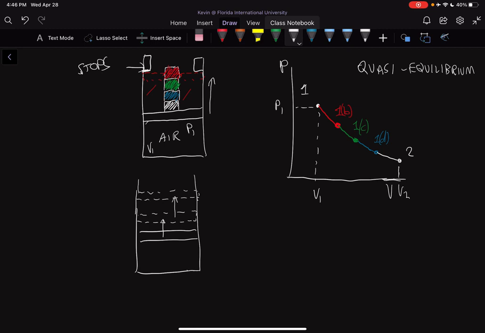Now, a non-equilibrium approach to the problem would be to say, what happens if we take all the blocks off at once? What happens? If we take all the blocks off at once, we have a problem because our pressure is now not uniform because we're going too fast, and the piston moves up very fast.